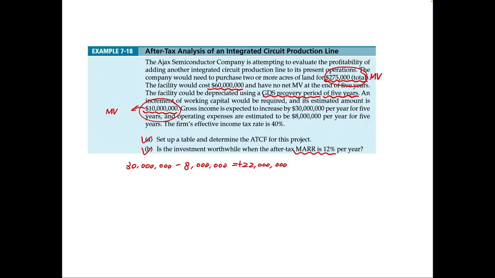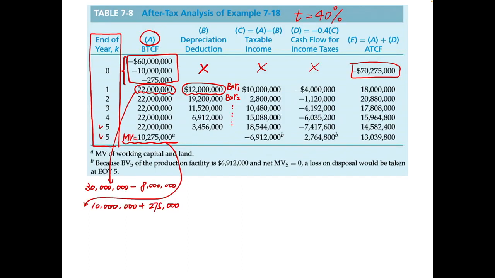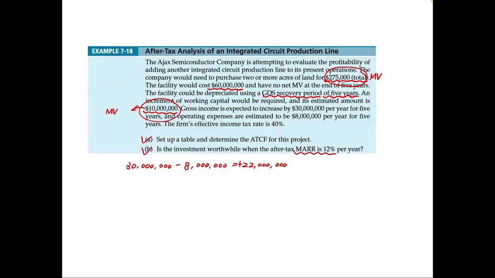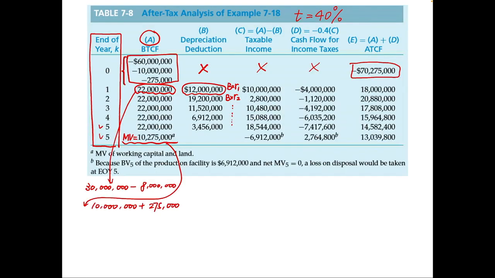Just use table 7-3, and then you have R1, R2, R3, R4, R5 to calculate the depreciation deduction in column B. And also those numbers should be positive.